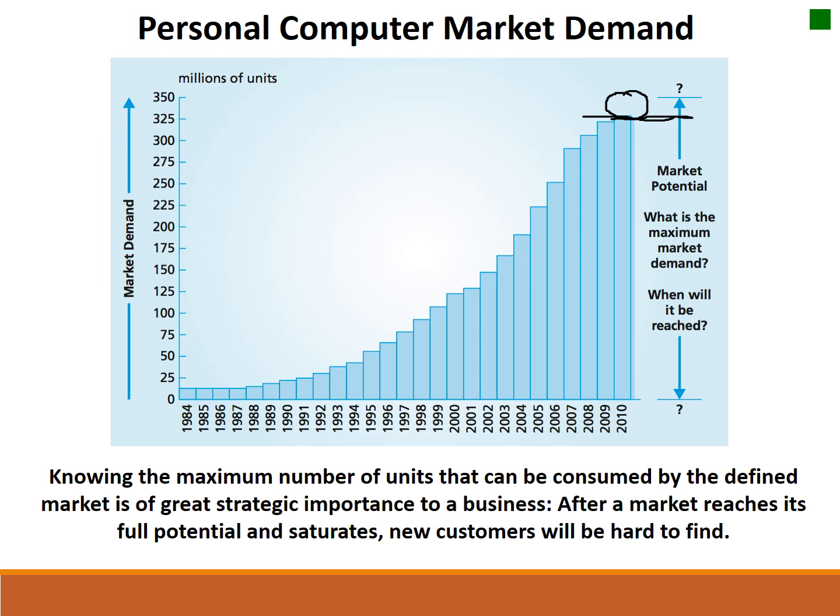So if you're a new entrant into this area, or this product, you would probably be a little concerned because it doesn't appear as though there's a lot of new growth to be had, but that a lot of the growth in the industry has already been exhausted over a long period of time. So having an understanding of the dynamics of the demand curve, market potential, and your own market share within an industry are things that we want to think about and look at as we move forward, and particularly when we look at product life cycles.